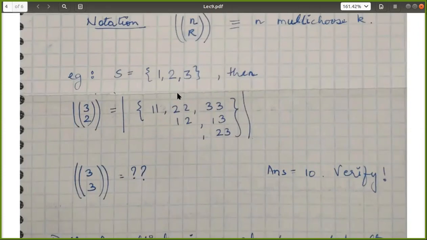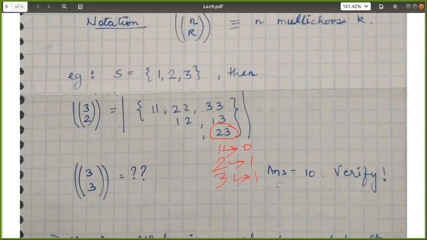Similarly, for this other multiset, nu will take 1 to 0, 2 will go to 1, and 3 will go to 1.